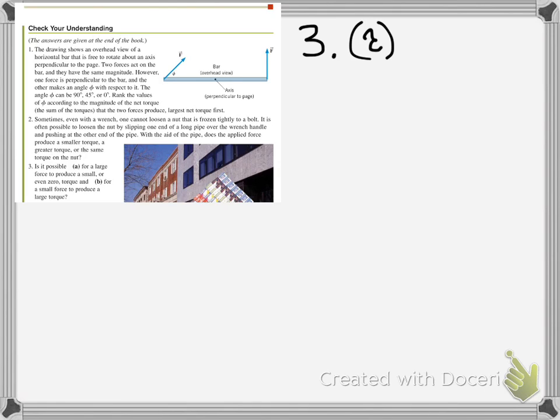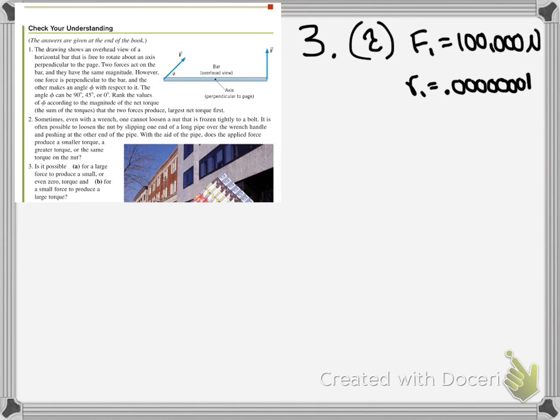Alright, number 3. Is it possible for a large force to produce a small or even zero torque? Okay, so let's say that your force here is 100,000 newtons and that your radius is 0.000000001 meters.